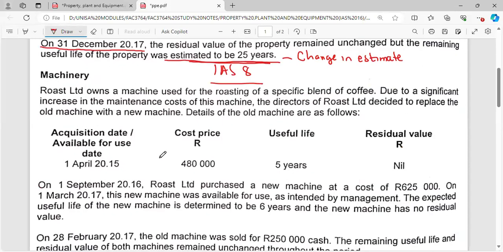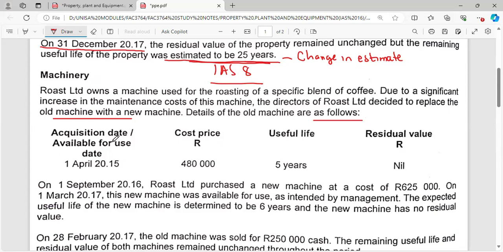They say Roast Limited owns a machine used for the roasting of a specific blend of coffee. Due to a significant increase in the maintenance cost of this machine, the directors of Roast Limited decided to replace the old machine with the new machine. Details of the old machine are as follows.